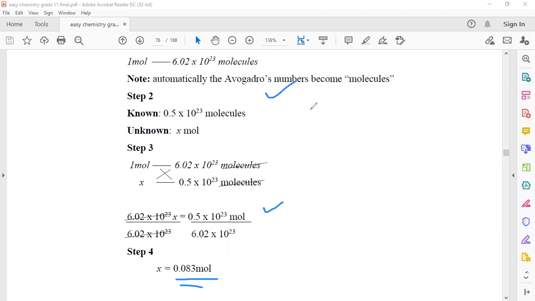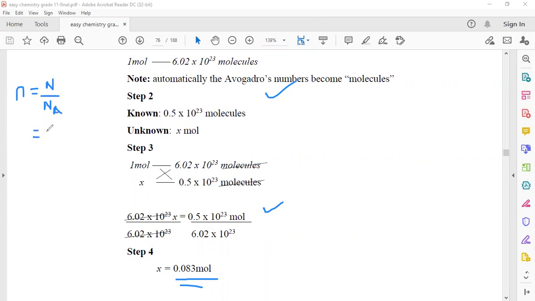So it is simple and straightforward. Whether you use the formula, number of moles is equal to this number divided by the Avogadro's constant, it will still be the same.